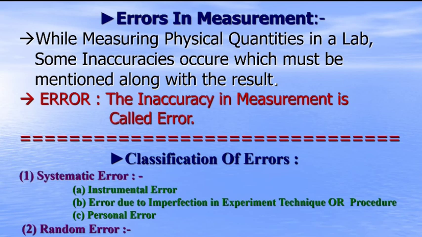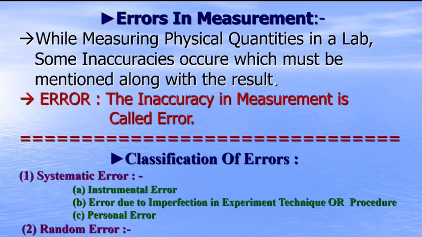In systematic error there are three types. One, instrumental error. Second, error due to imperfection in experimental technique or procedure. Third, personal error. So what does error mean?